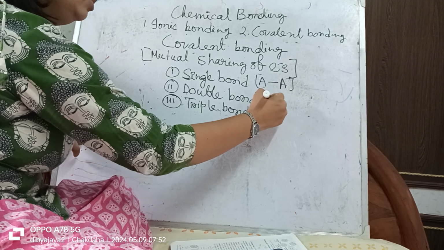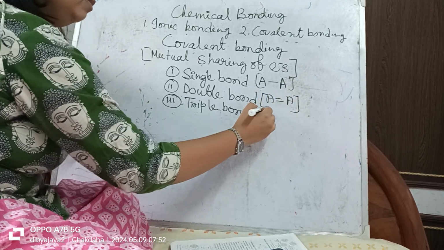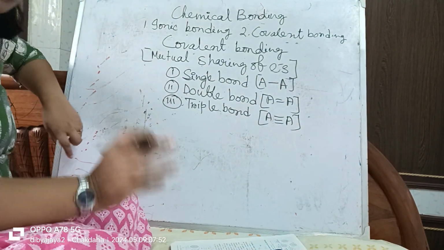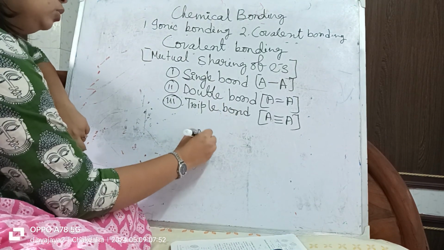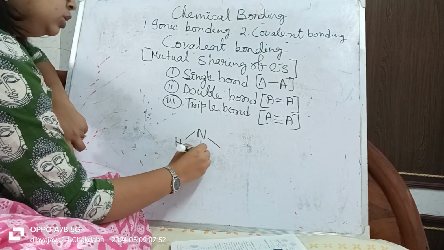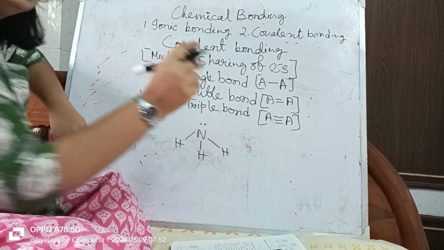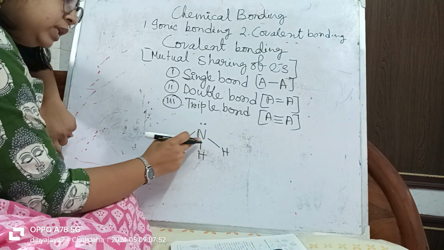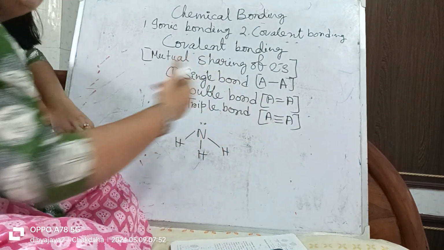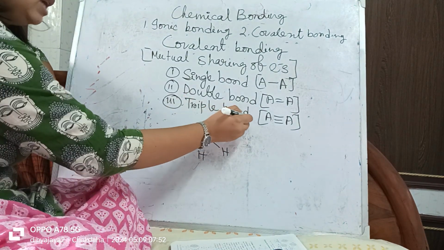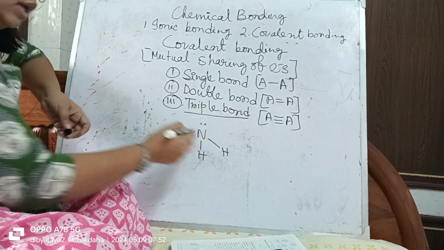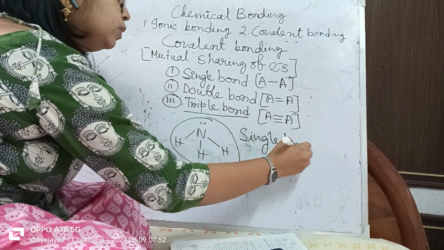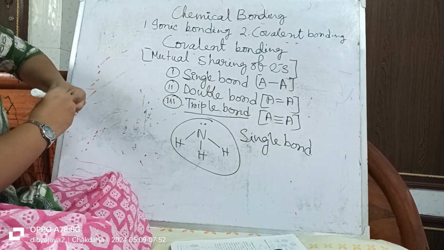Double bond means between the atoms two bonds are present, and triple bond means three bonds. Okay, don't mix it up. Suppose in any molecule three bonds are present, then you say 1, 2, 3. These are examples of triple bonds. This one is a single bond compound.